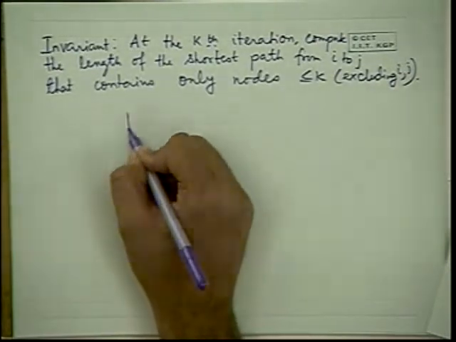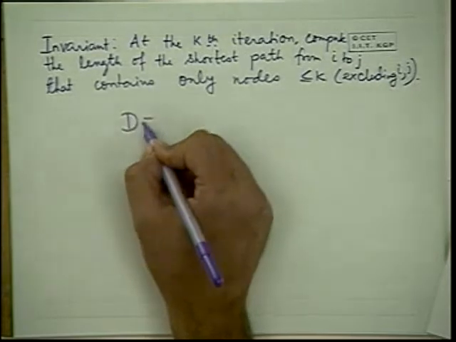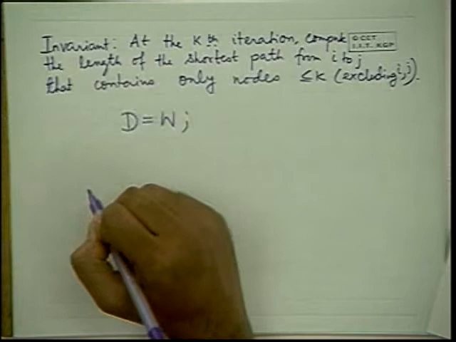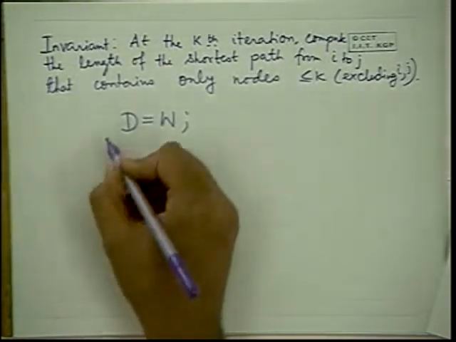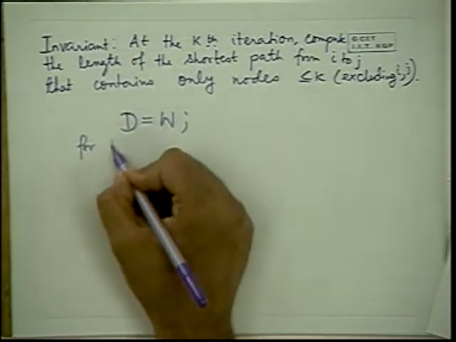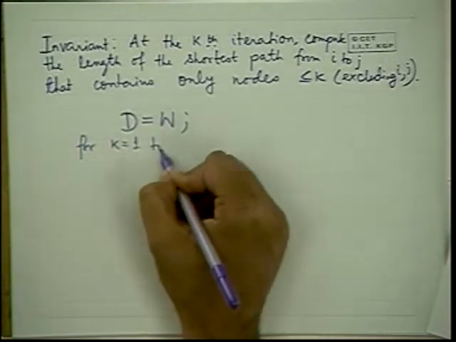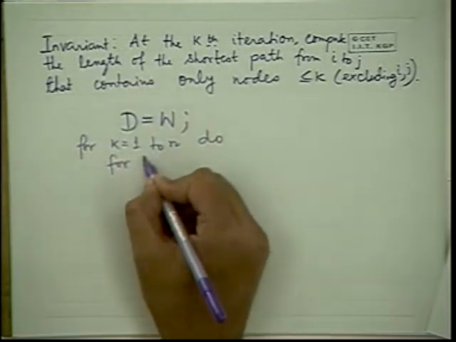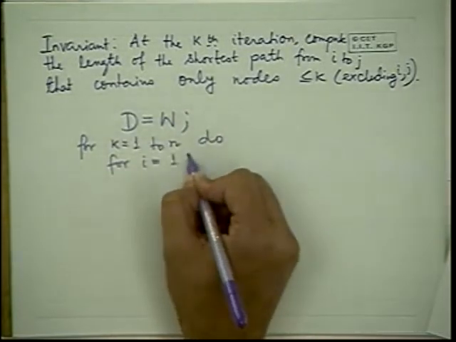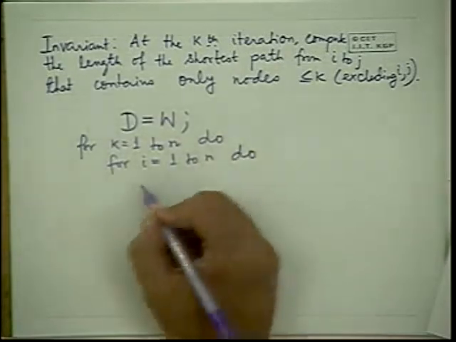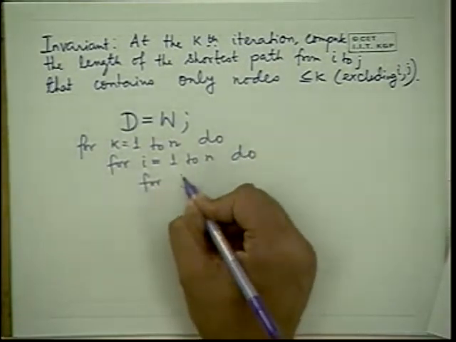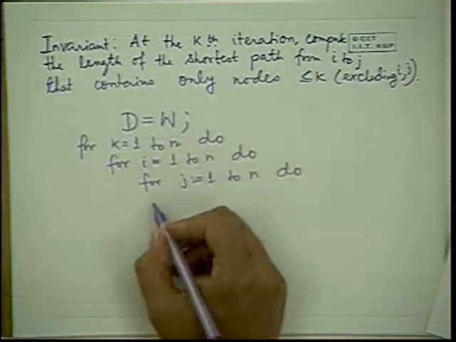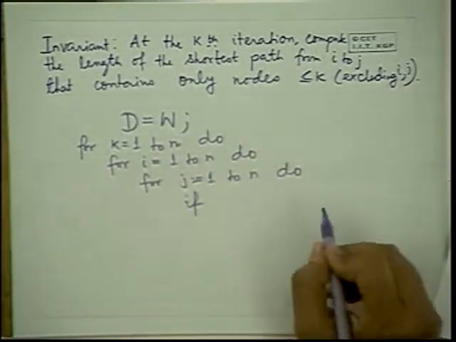So what is the algorithm? First, your new matrix D is set with the weight matrix W. W must have been given to you. This is a representation of the graph. So again we have for k is equal to 1 to n do, for I is equal to 1 to n do, for j is equal to 1 to n do. Here is the change, only change.